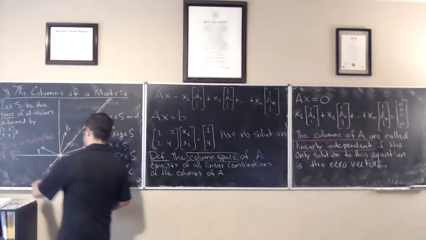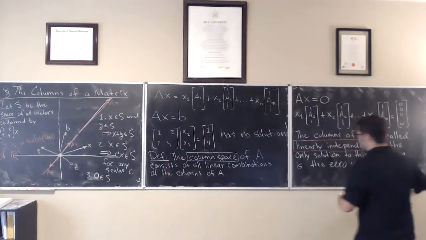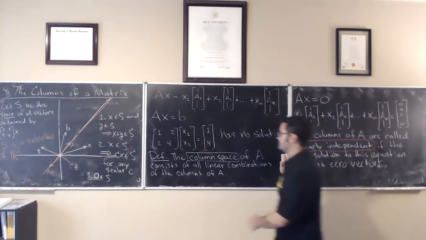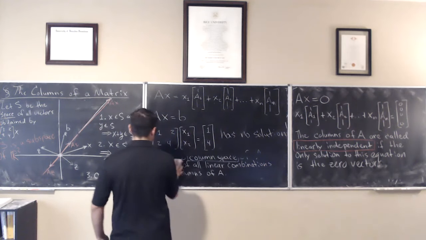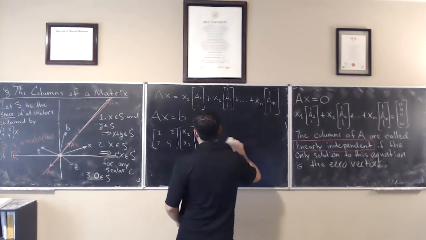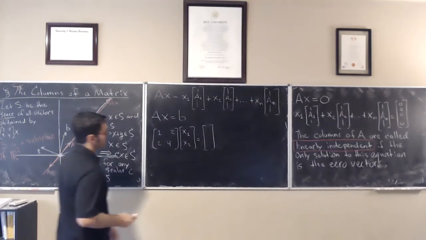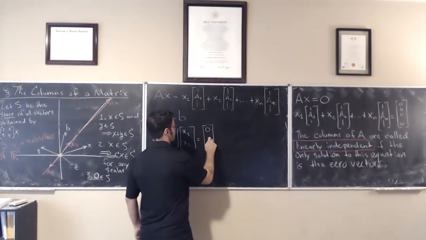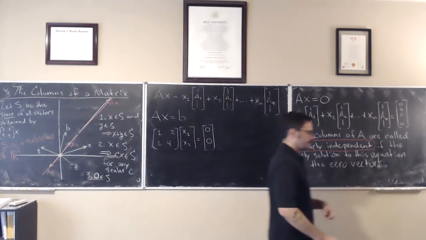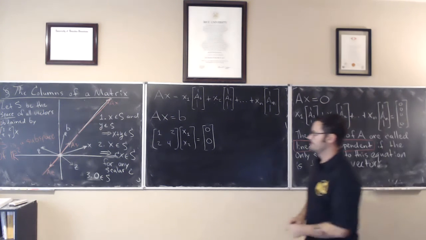So let's go back and look at this matrix A that we've been playing with, this 1, 2, 2, 4 matrix. And let's look at this equation. Does that have a solution? Yes.